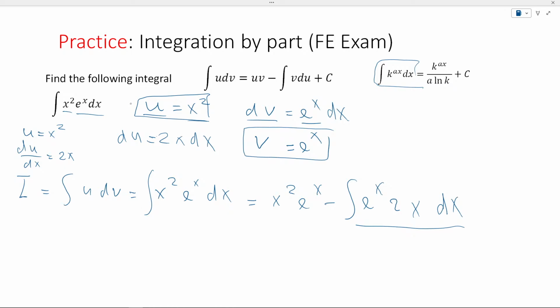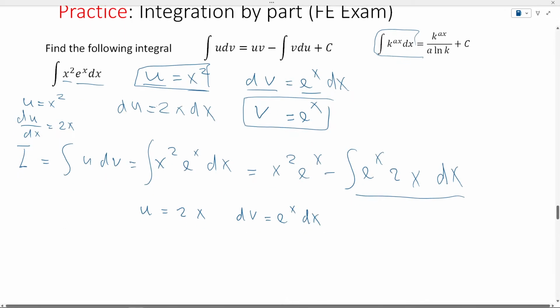So here I will say my u is equal to 2x, and my dv is equal to e to the power x dx. See what I'm doing here?